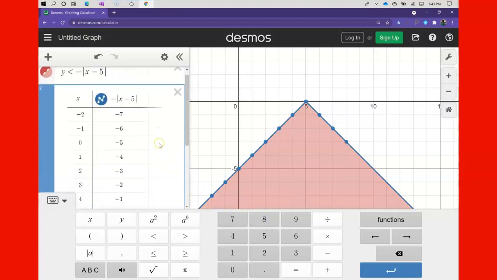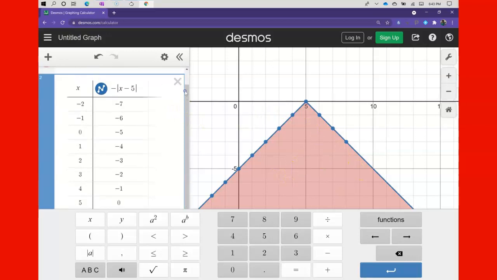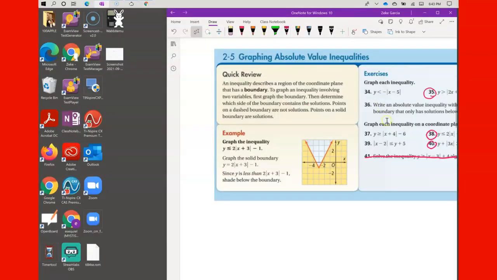So you want to make as many points as you can to make this graph. Remember, it's not a solid line, because it's less than, so it's going to be broken. So for number 34, you're going to have to get graph paper and make that table.